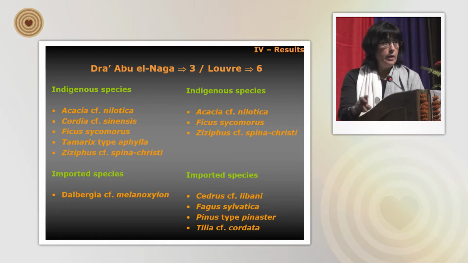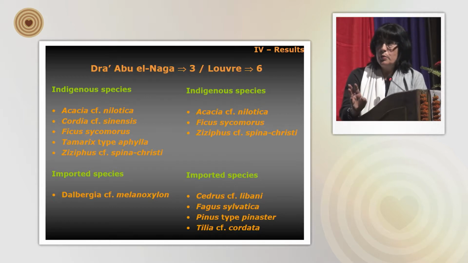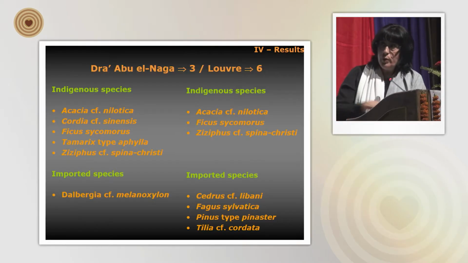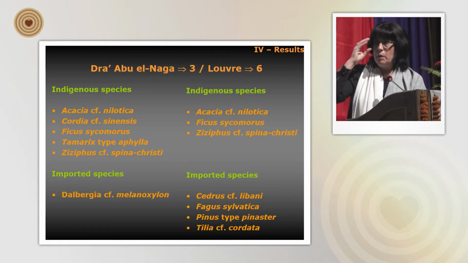For Dra Abul Naga, the ancient objects use acacia, cordia, ficus, or tamarix, which is very, very local, and you can see here we have only one neck, which is in Dalbergia, so imported. The Louvre Museum presents only 3 indigenous species, acacia, ficus, and sisyphus, and more imported ones.